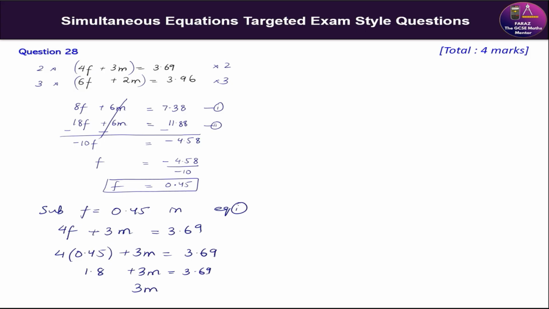Subtracting 1.8 on both sides, it will give you 3.69 minus 1.8, and then we have 3m equals 1.89, and then we divide by 3 on both sides. It will give you m equals 0.63.